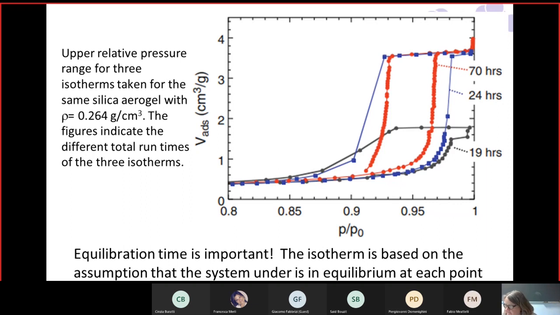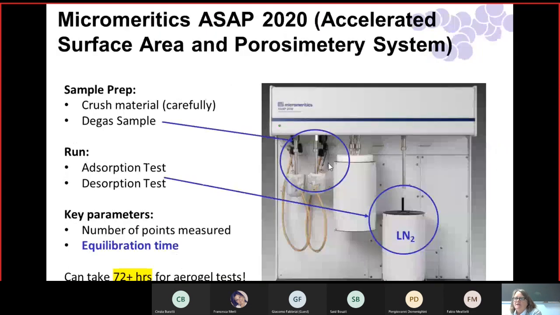I have a question, but I think I missed something. You told us that you use liquid nitrogen for this measurement. Is that true? Are there no problems with freezing the sample? Let me go back. You have a tube with your sample.